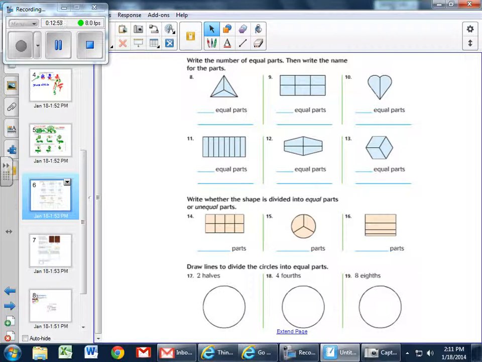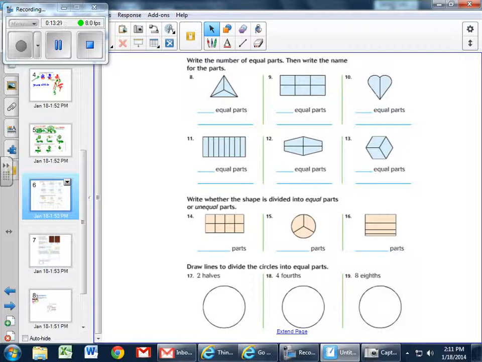So I should see numbers written in each one of those shapes, then the answer of equal parts, and then go back to your vocabulary page at the beginning of the chapter to figure out which vocabulary word to write there, whether it's going to be halves, thirds, fourths, fifths, sixths, sevenths, eighths, whatever it is, maybe on the blue line below that.